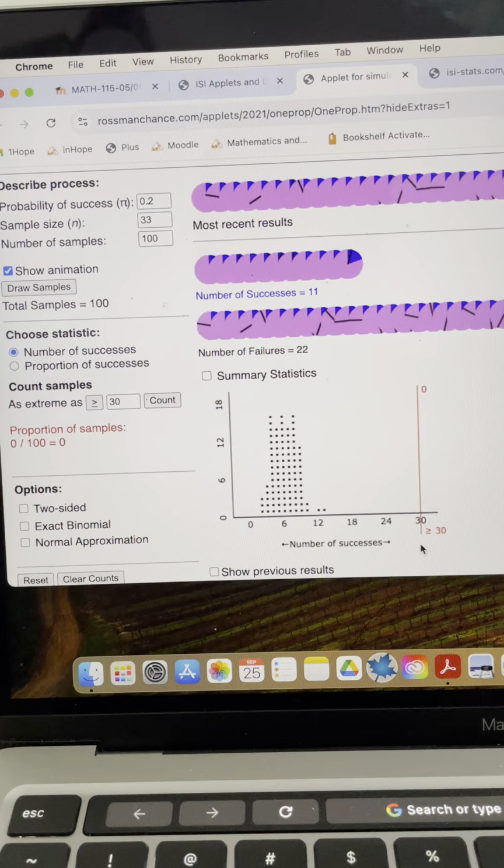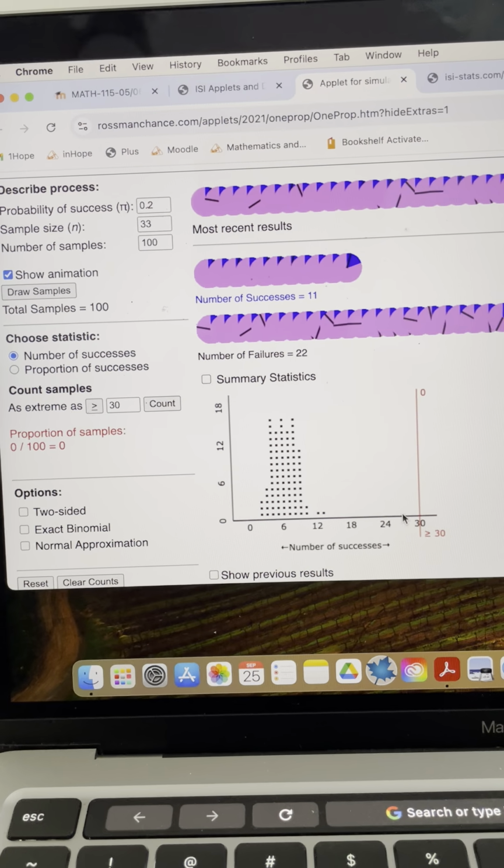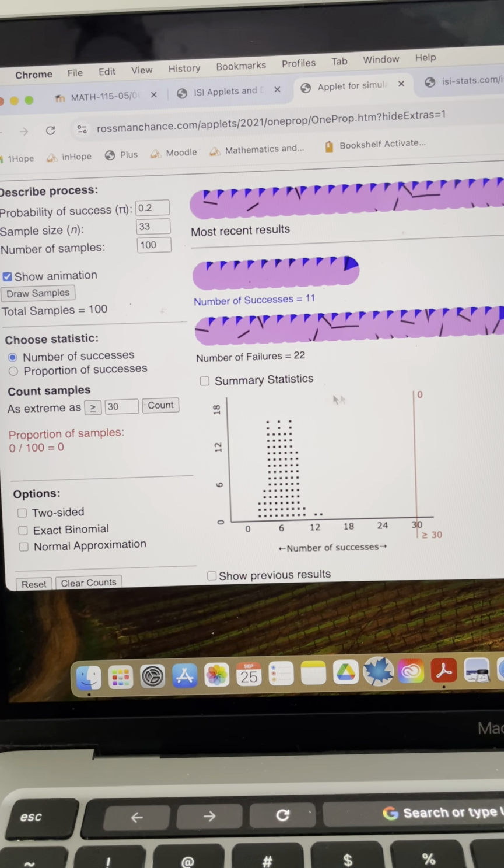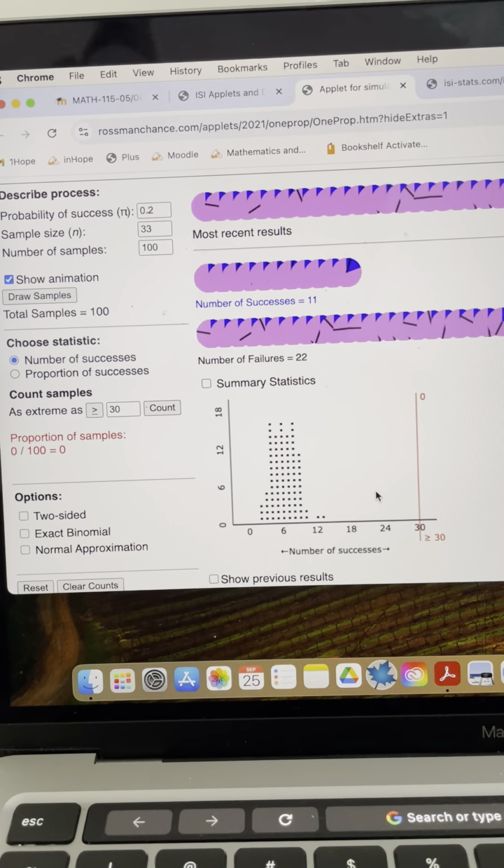And we had as a p-hat 0.91, I believe. Now, when we actually put that sample statistic on our simulation distribution, we find that our p-value is 0, and it supports that over here.